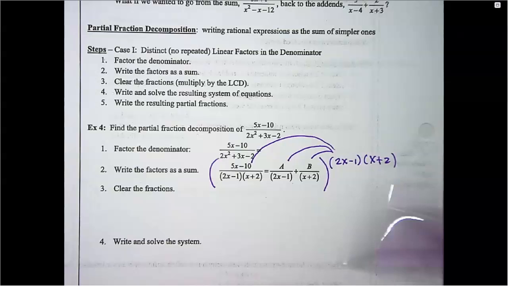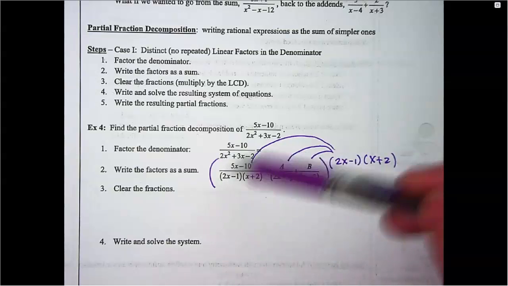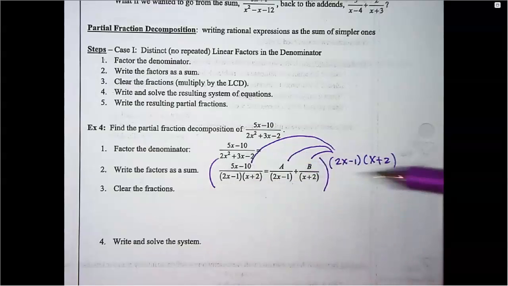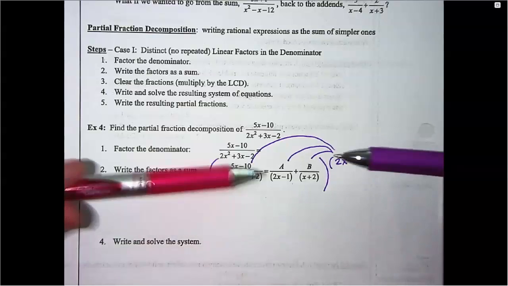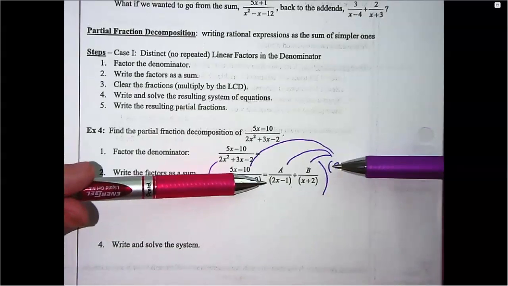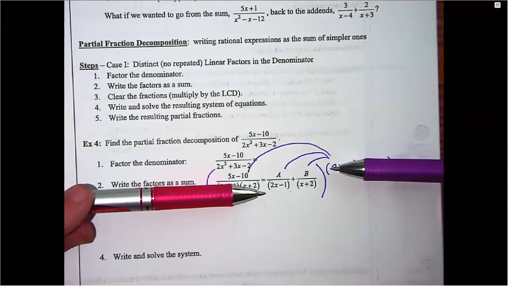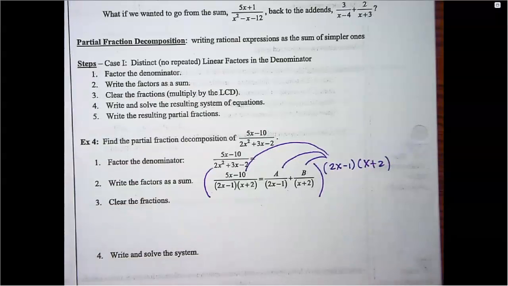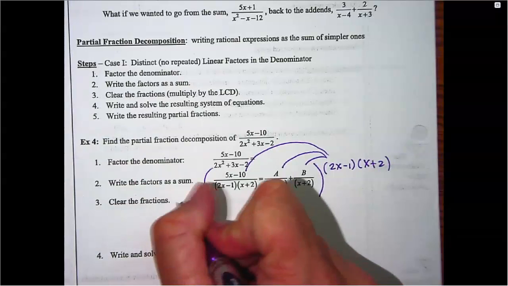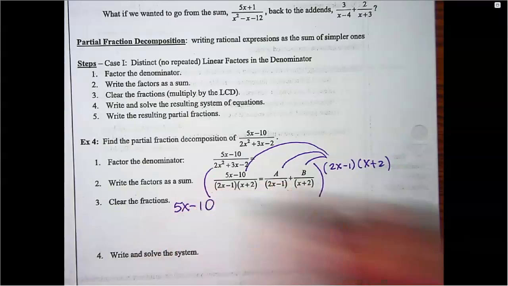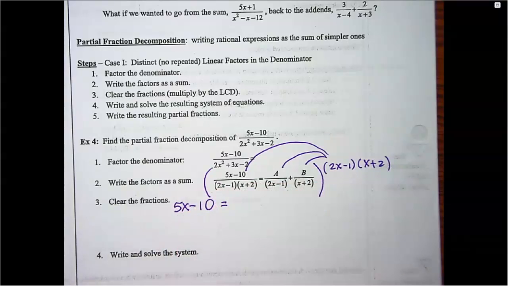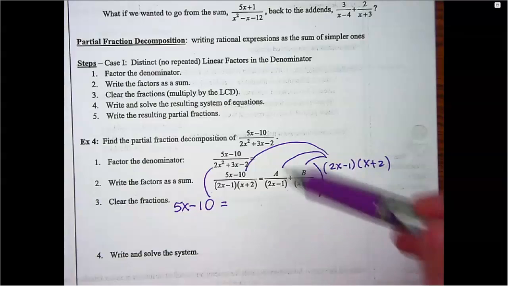So if we take the first fraction and multiply it by 2x minus 1 and x plus 2, do you notice that both of those factors are going to cancel? So all of that cancels, and now you're just left with 5x minus 10 equals, and then we have this fraction right here.